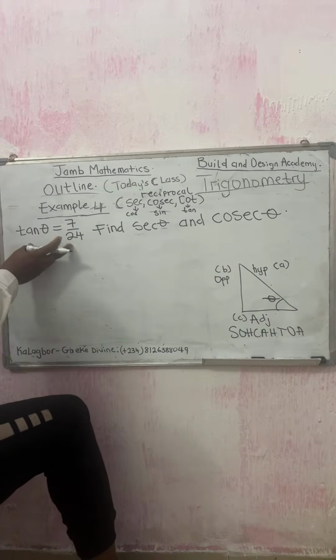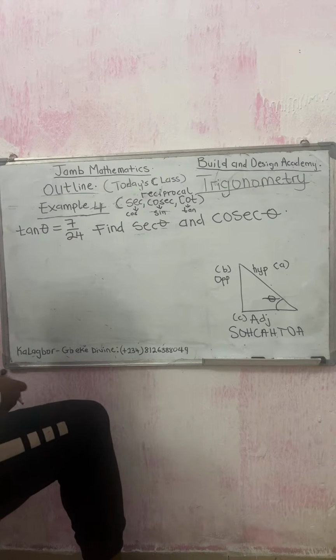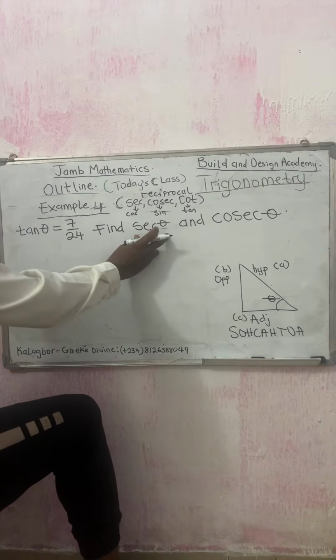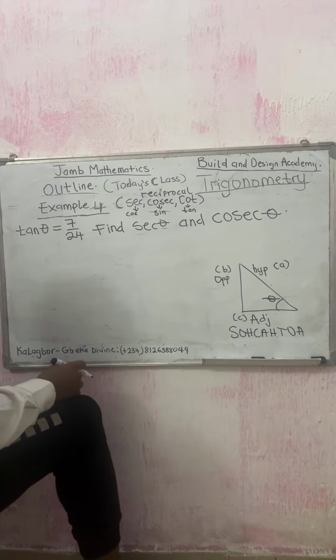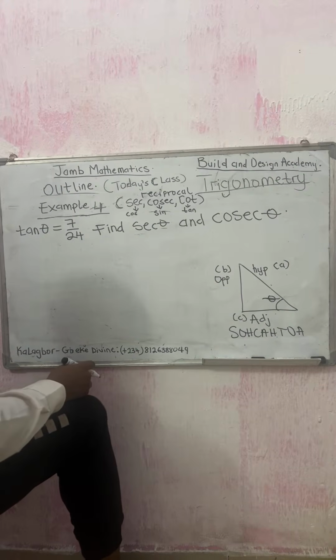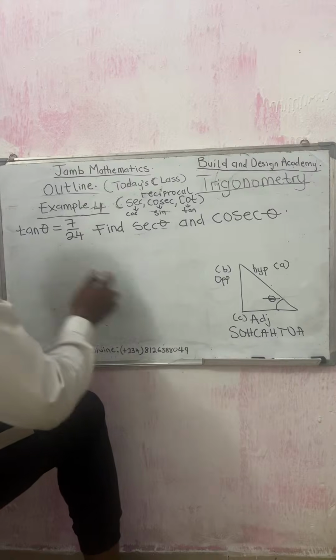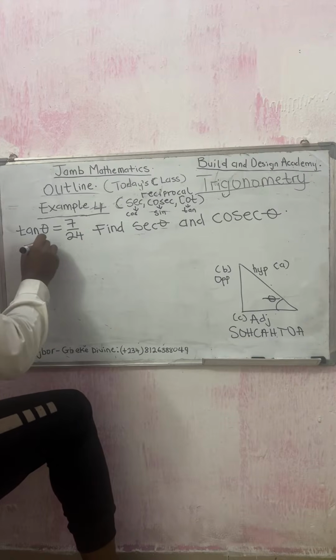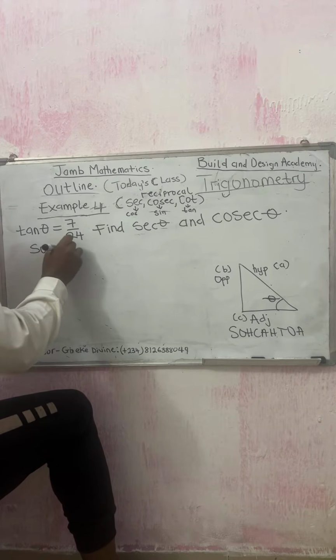So we are given our tan theta as 7 over 24, and we are asked to find sec theta and cosec theta. Now, from SOHCAHTOA, let's bring our mind back to SOHCAHTOA. So our solution will be like this.